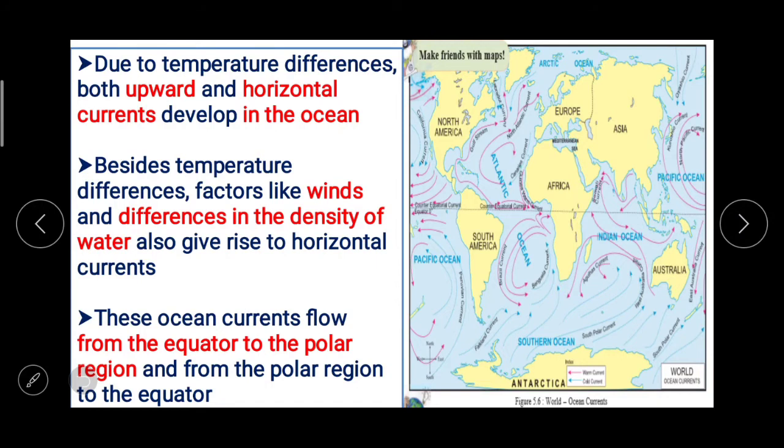Due to the temperature differences, both upward and horizontal currents develop in the ocean. Here in figure 5.6 you can see world ocean currents.